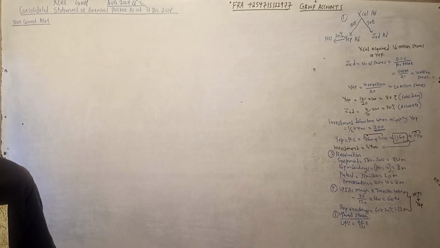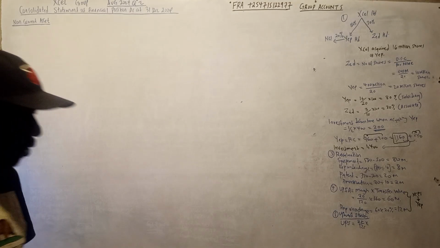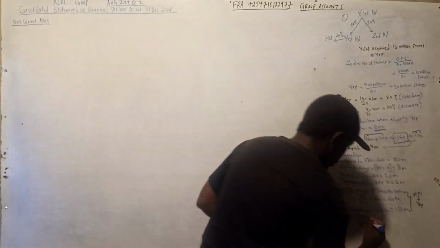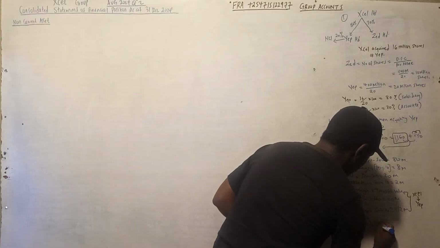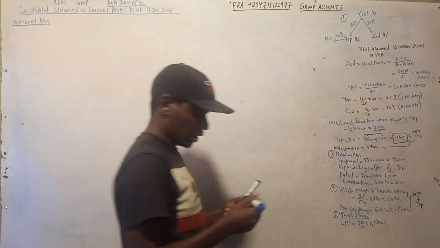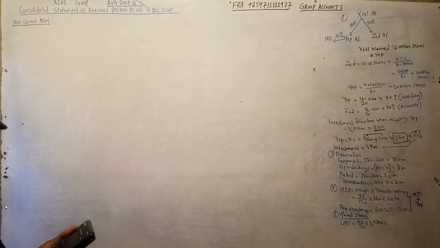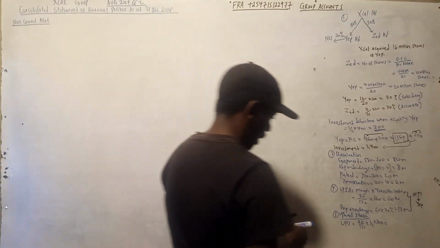YEP marked up those goods on cost. Half of the goods were in store, so half of 300 were still in the store. So that is what we call the UPS. That will be equal to 25 over 125 times a half times 300. That is 30 million.